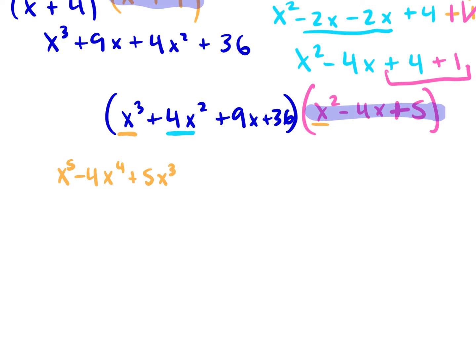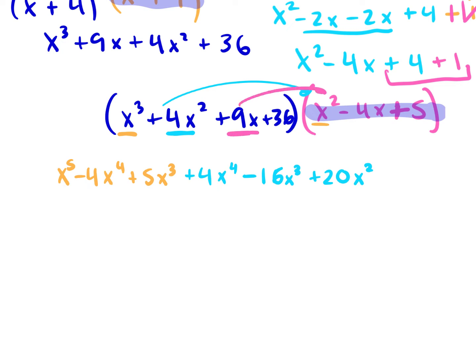Next, I can move on to the 4x squared. So 4x squared times x squared would be 4x to the fourth power. 4x squared times negative 4x would be negative 16x cubed. 4x squared times 5 would be plus 20x squared. Then I can move on to the third term.